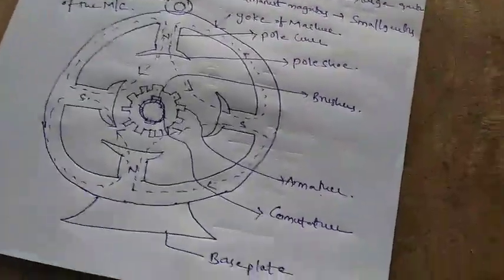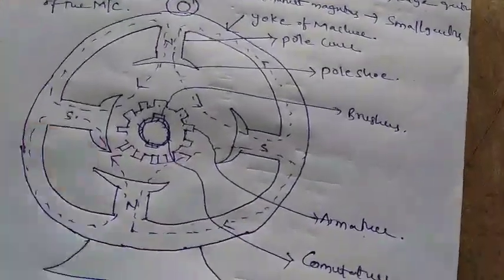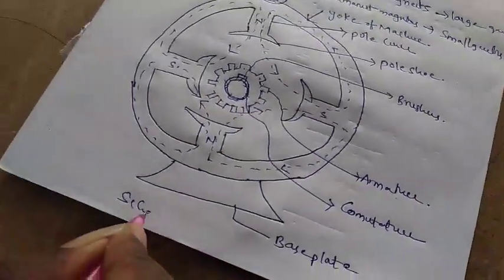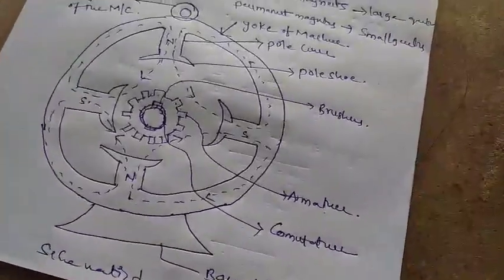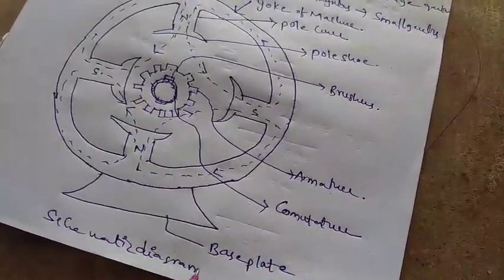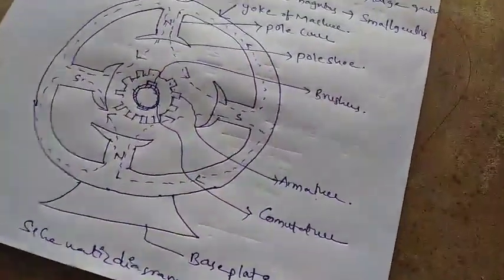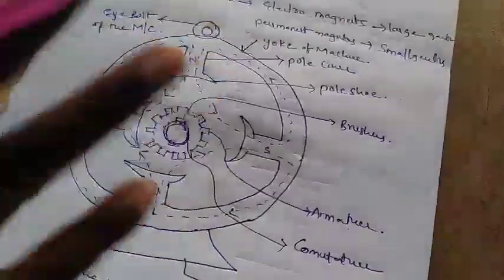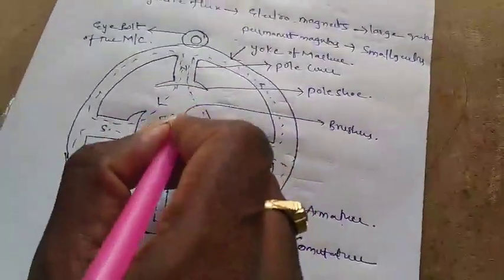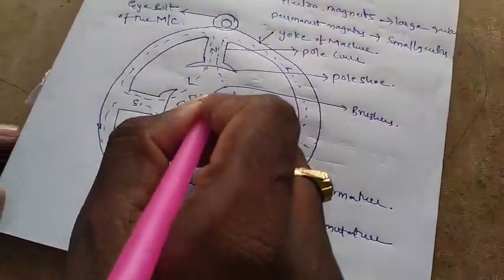The main parts of the DC generator in a schematic diagram. So see in that one, the parts we can see like that. So here I am placing conductors in slots.